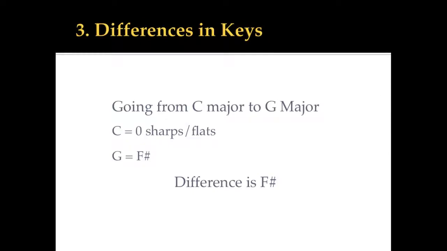Now notice the differences in the keys. Going from C major to G major, you only have one difference, the F sharp. Since the key of C has no sharps and no flats, the F sharp is the difference.